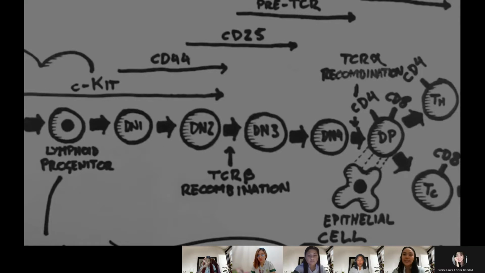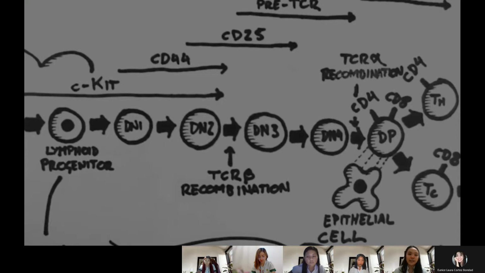So parehas halos similar lang sila on the development, pero ang pinagkaiba lang is that instead of magkaroon ng heavy chain doon sa T cell development natin, ang meron lang sa kanya is yung alpha chain and yung beta chains. So yun lang yung difference nilang dalawa.